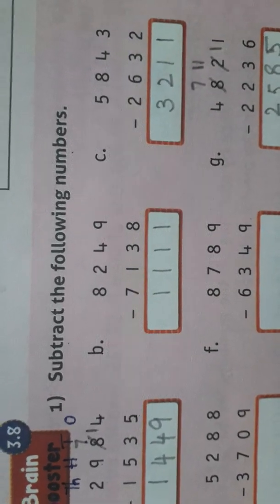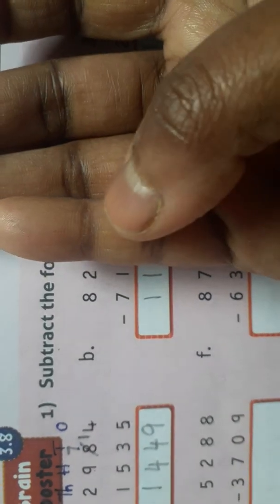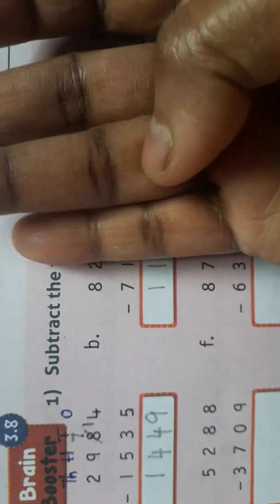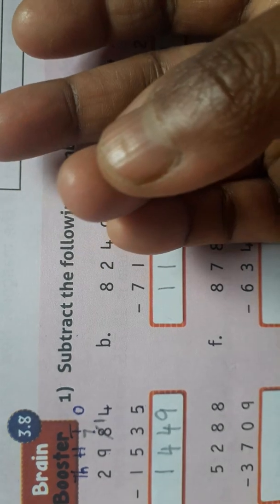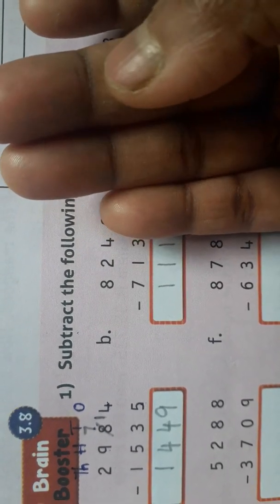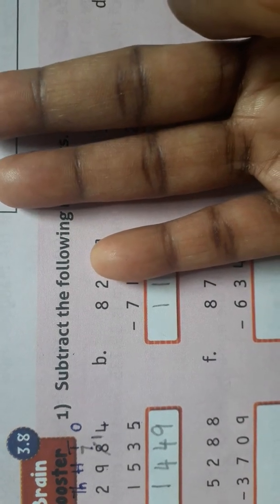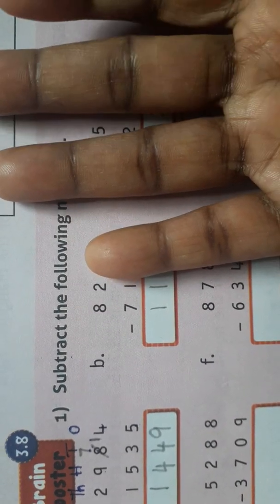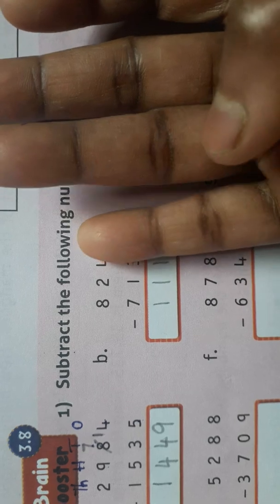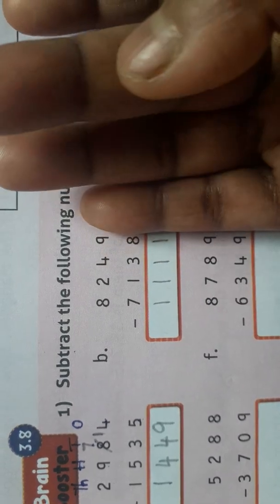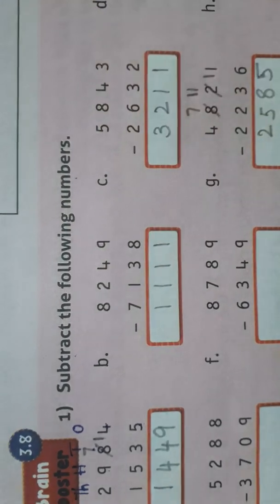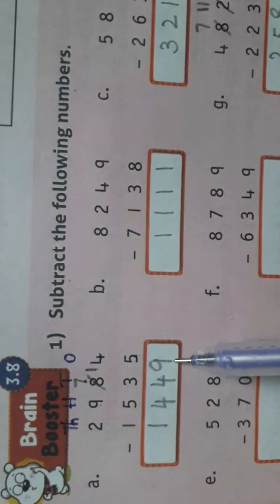So after 5 it is 6, 7, 8, 9, 10, 11, 12, 13, 14. Okay, so how many numbers or digits? 1, 2, 3, 4, 5, 6, 7, 8, 9. So our answer is 9.